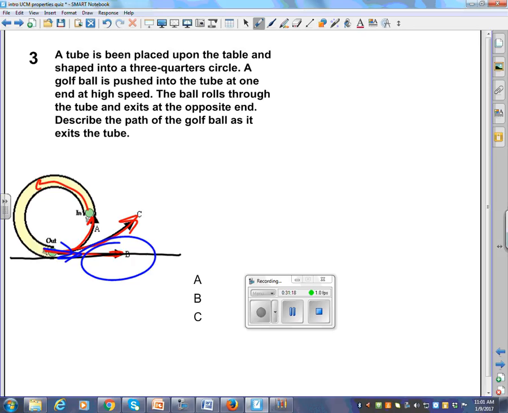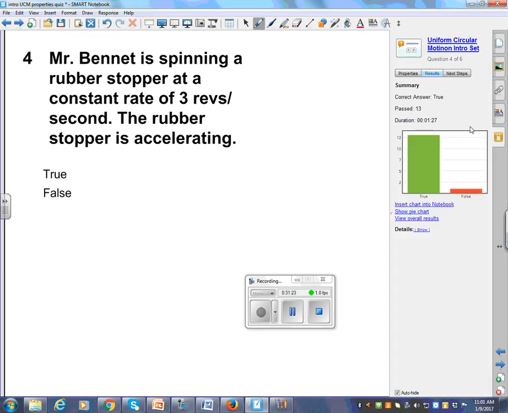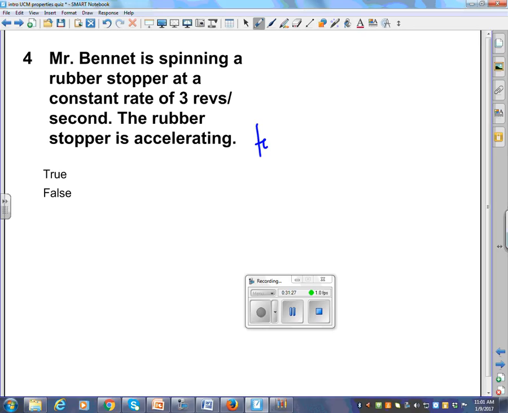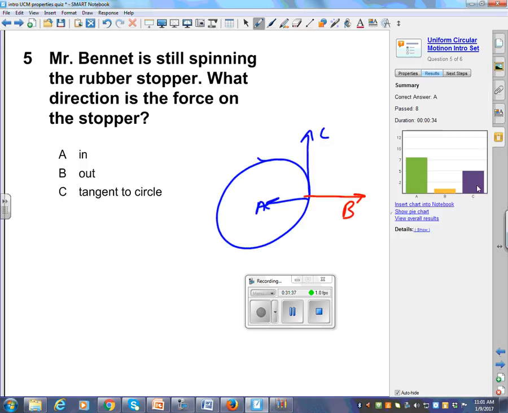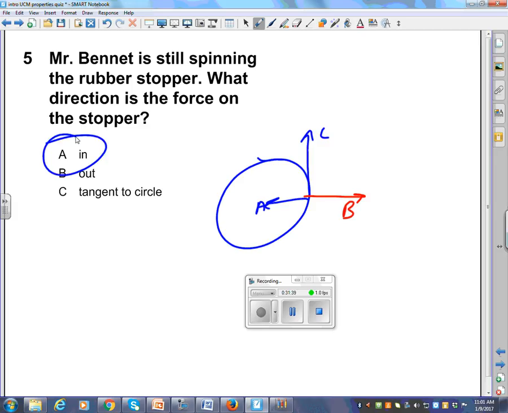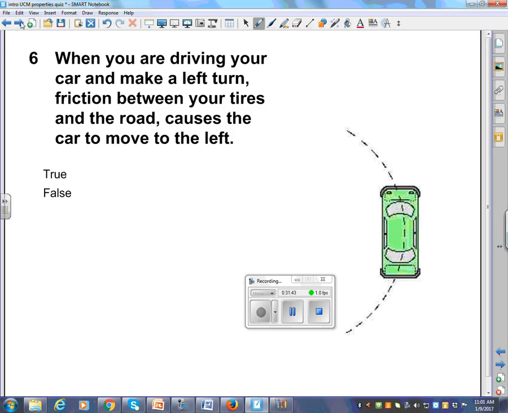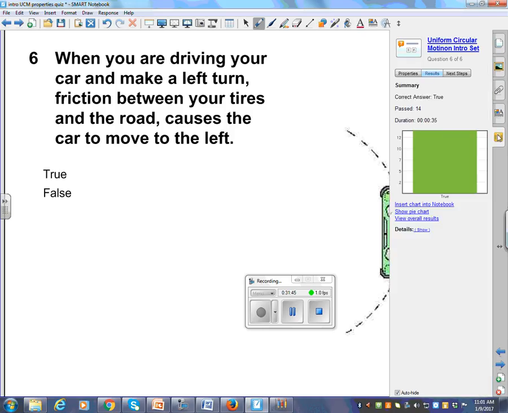Right? So it's just going to go straight out like that. True. Accelerating. Which direction? Towards center. And what direction is the force on the stopper? A, in. Yeah, I think I told them all to you, really. And did I say this one? Sure did. Yay, everyone got it. True.